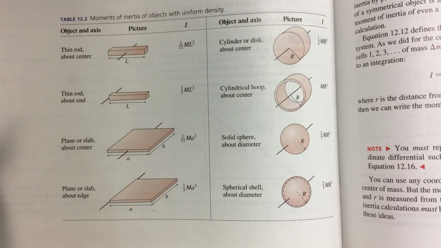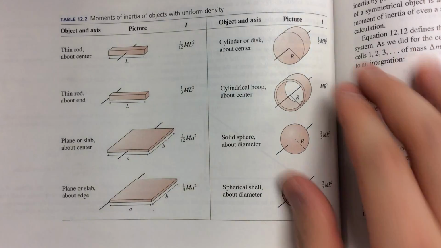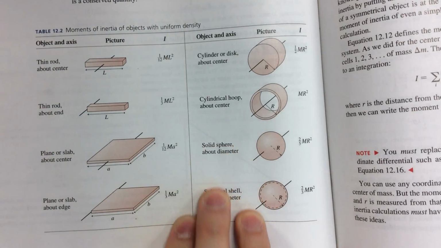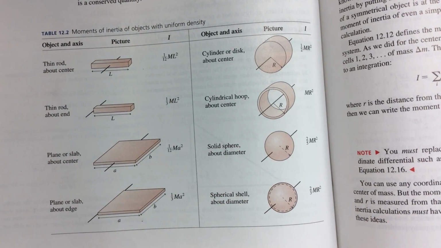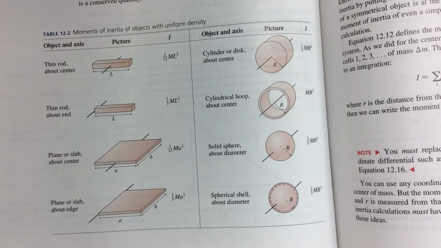Take a look at the values that you see for the moments of inertia based on where the pivot is. Take a look at which ones are the smallest values and which ones are the biggest values. What do you notice makes it have more moment of inertia? Or which one has the most moment of inertia?